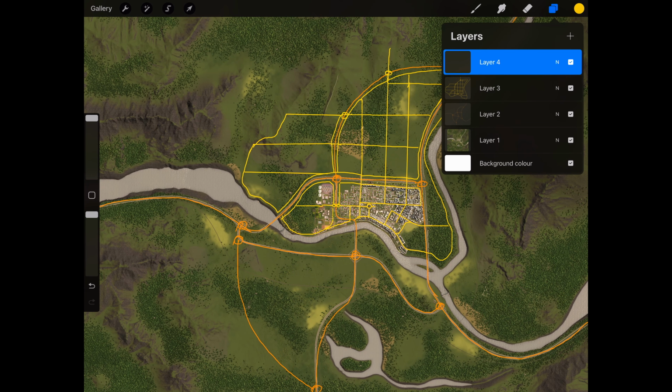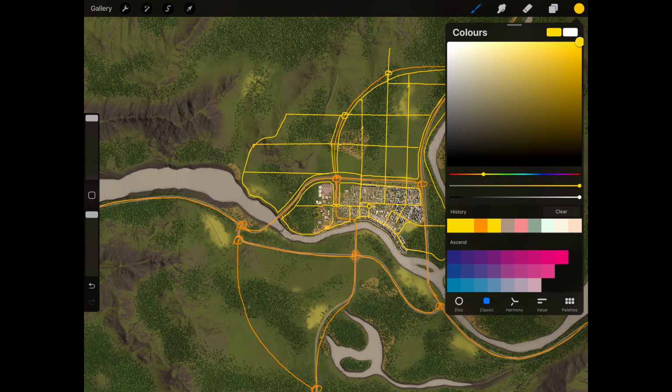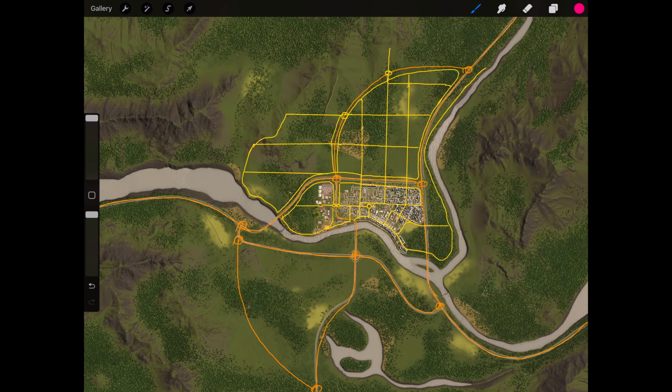So now I'm setting up another layer, and this is where it gets interesting. First of all, I'm starting to lay down some districts here that will give me enough room and potential to grow in the future. So I'm starting with industrial first.